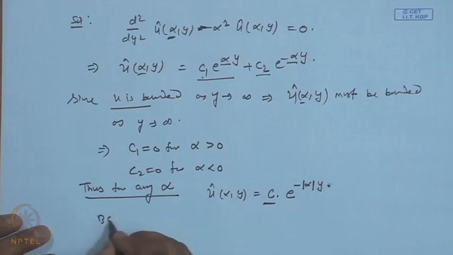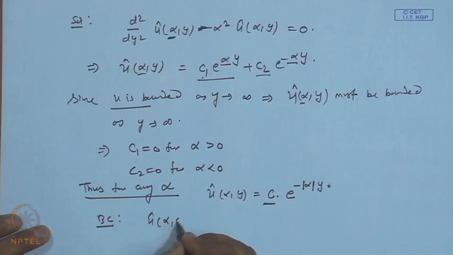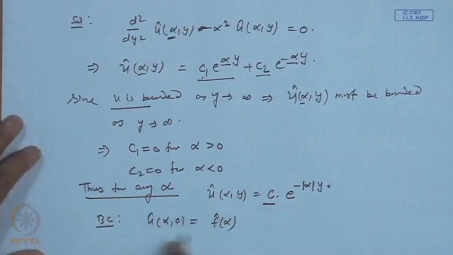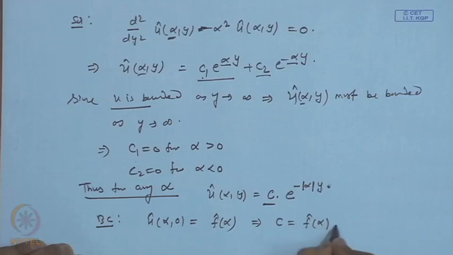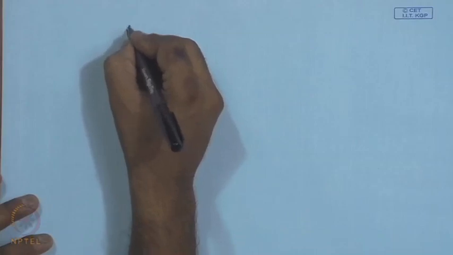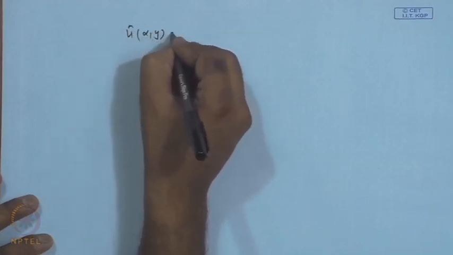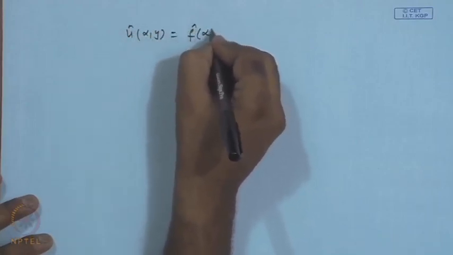Now, with the boundary condition, û(α,0) is f̂(α), which is given. We have taken the Fourier transform. So, at y = 0 we will get c, so c will be f̂(α).